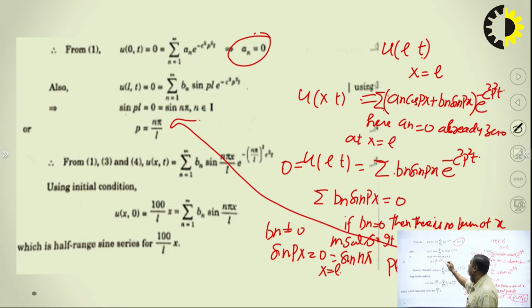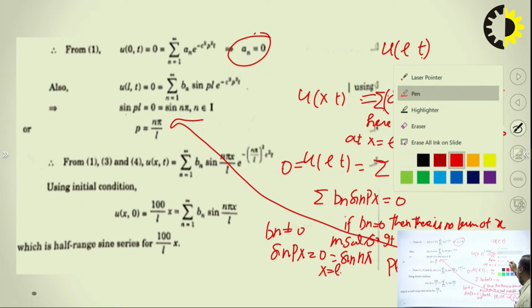देखिए, साइन n पाई अपॉन L, हमने p की वैल्यू निकाल दी n पाई अपॉन L. an और bn की वैल्यू को हम यहां पे सब्स्टिट्यूट कर देंगे. an हमारा पहले 0 हो चुका है, bn नॉट इक्वल टू 0 है, p की वैल्यू हमने ये निकाल ली, सॉल्यूशन क्या बनेगा वो देखिए जरा.